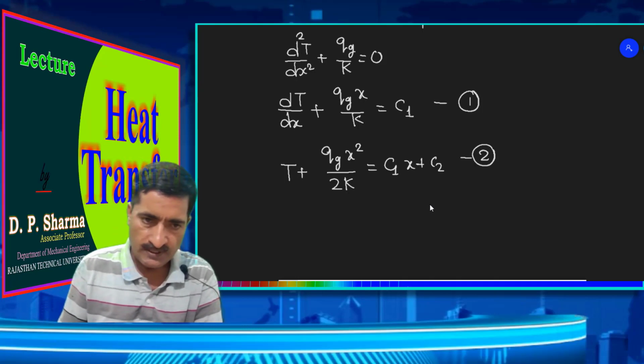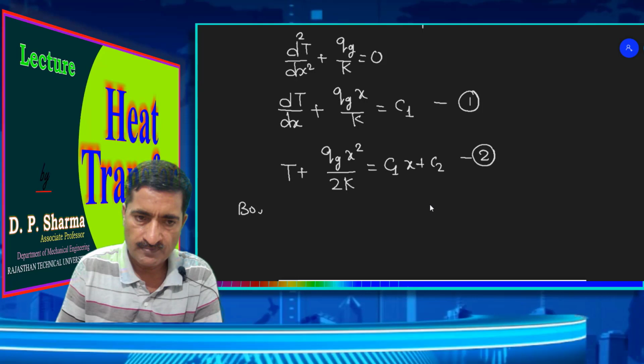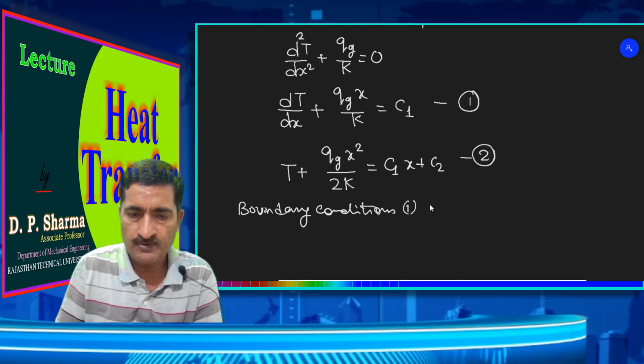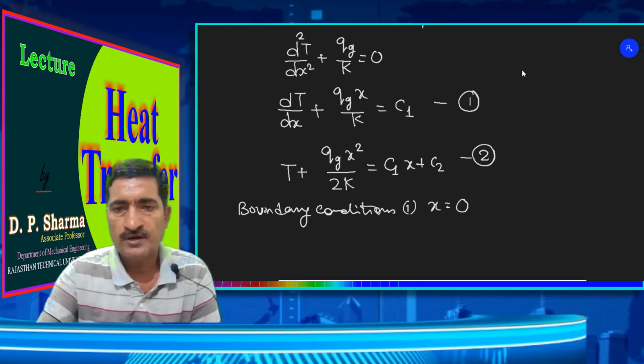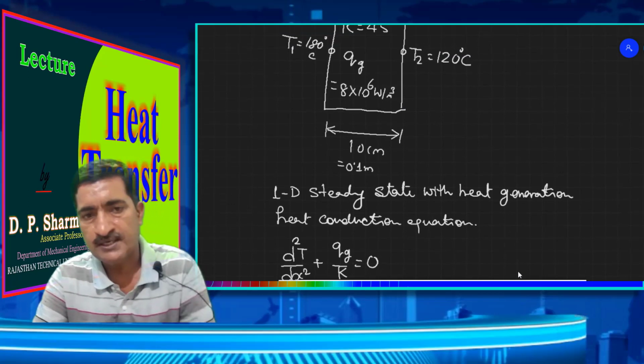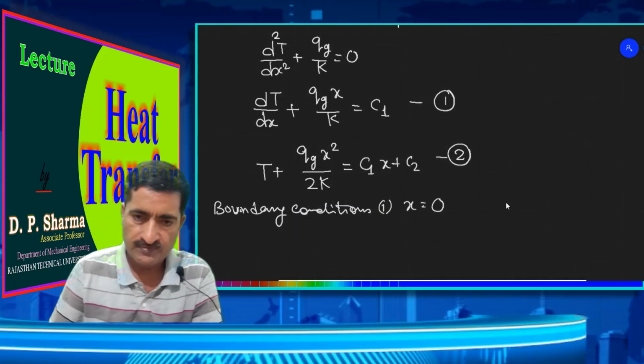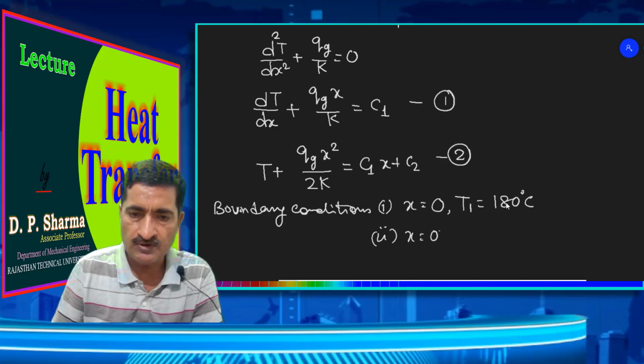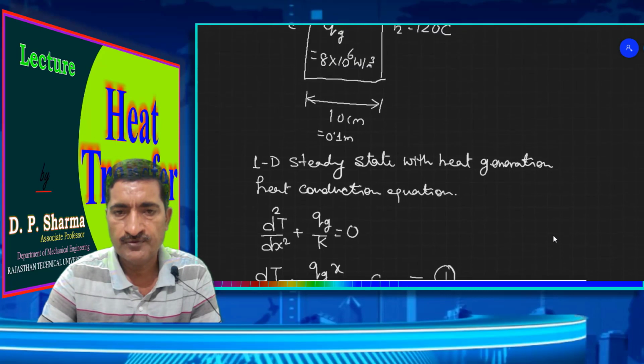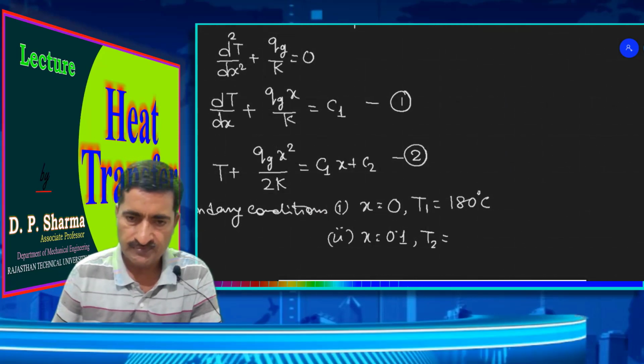Now applying boundary conditions. First boundary condition, at x equal to 0, T1 equal to 180 degree centigrade, and second boundary condition, when x equal to 0.1, T2 equal to 120 degree centigrade.